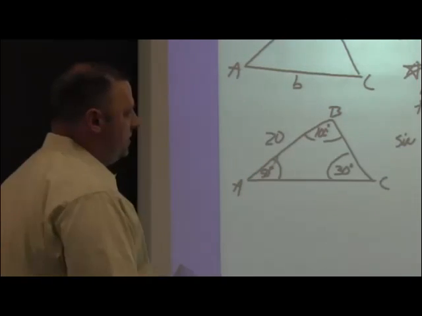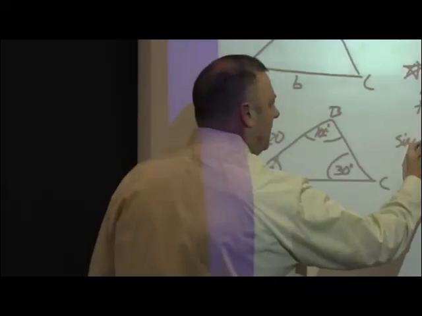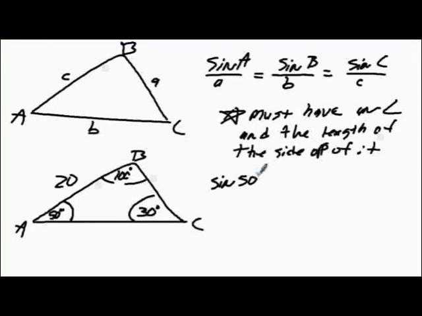So we can write the relationship. We would have sine of 50 degrees over, and I'm going to call this little a, the side opposite, equals sine of angle B, which is 100 degrees, over its side opposite, which we don't know.